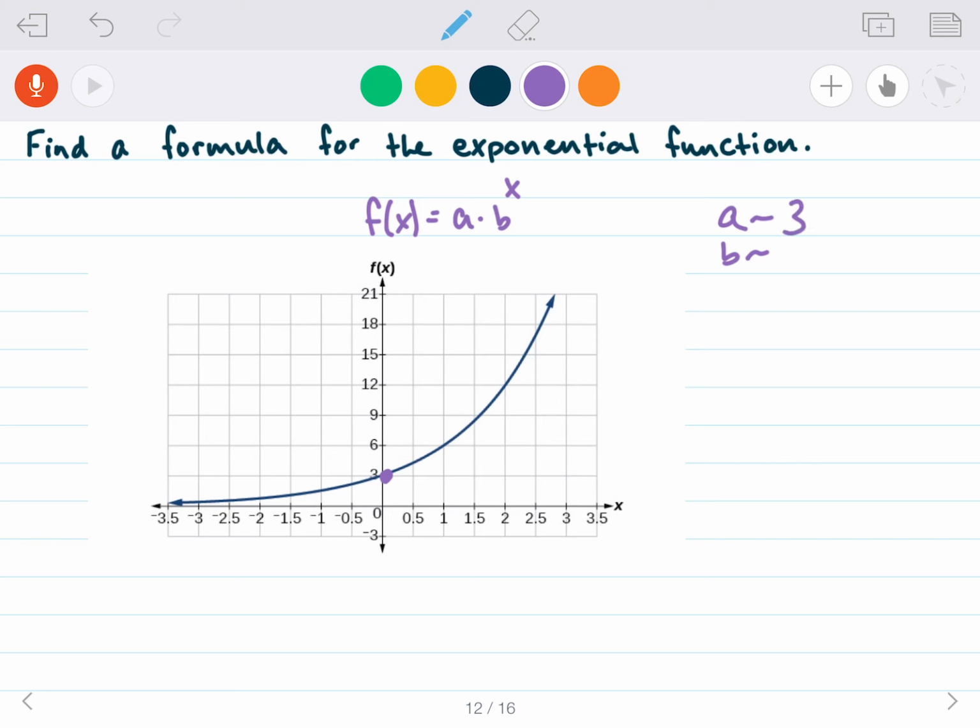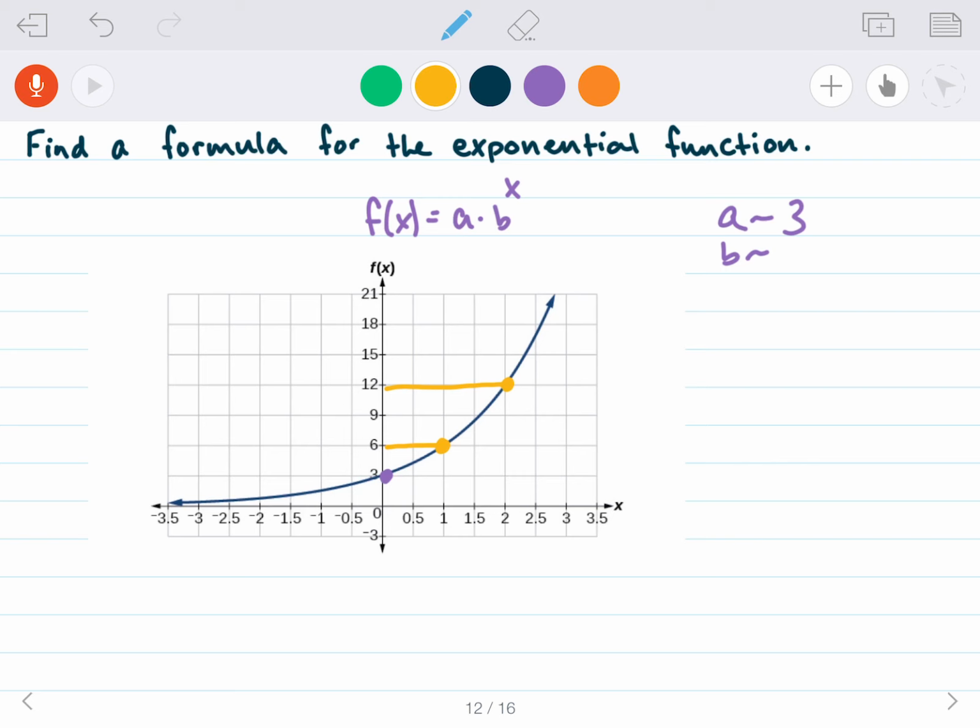And b, we're not sure, but we can do this a couple different ways. One way is to just look at the constant multiplier. If we look at what happens for 1 unit of time, so between 1 and 2, for example, we can see that this one has 6 as an output, and this one has 12.